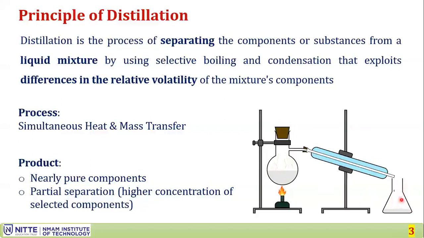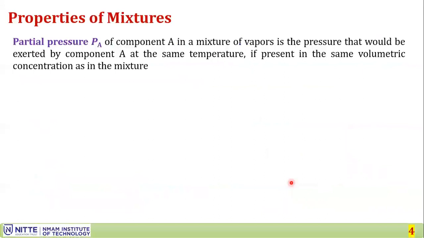The concentration of the more volatile compound will be higher in the distillate, and in the residue it will be lower. You have enriched or purified the product by using heat as well as the mass transfer process. Now let us look into certain properties of the mixture, which are highly required before you get to the equilibrium cases.